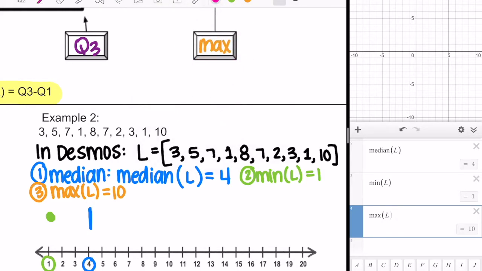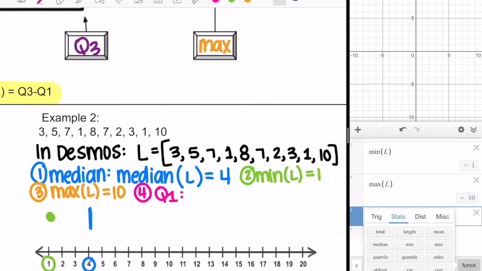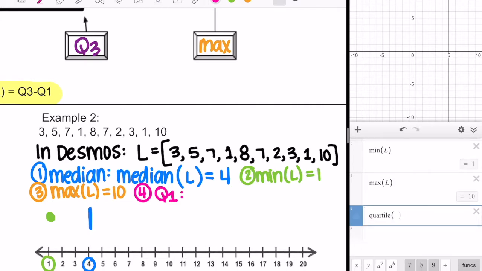Then the next part is where Desmos is really, really helpful. So step 4 was to find Q1. So Q1 you can find by going into Desmos. You're going to click Functions, Stats. Then you can click Quartile. So notice there's quartile and then there's quantile. We want quartile.